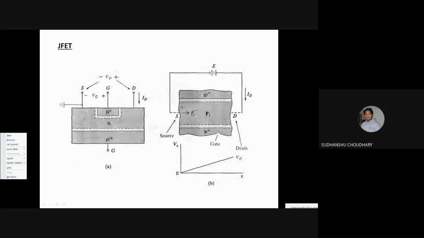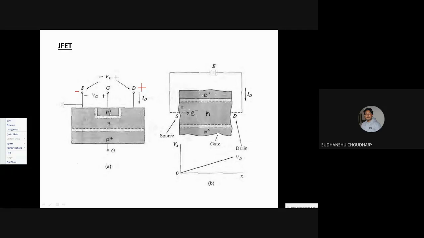Okay. So we understand how this depletion region can be more. So this is the gate here. Now I have a drain over here. Let us say I apply a positive voltage on the drain, and the source is already connected to ground. And now the application of gate voltage will control the depletion region over here.